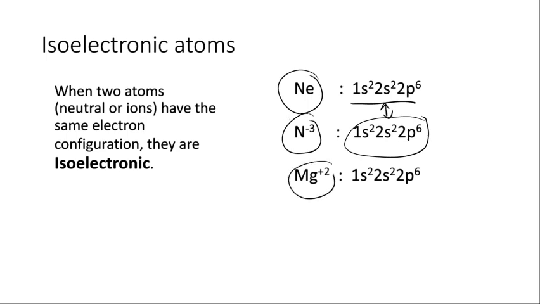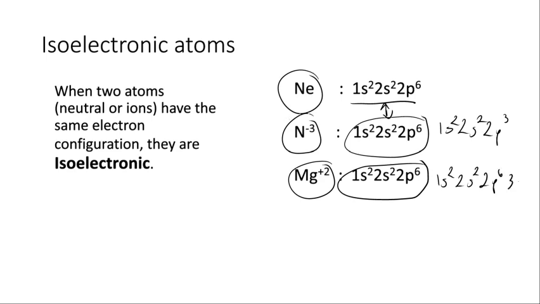Turns out that when you have a magnesium ion, taking 2 electrons away from magnesium, again, you end up with the same electron configuration, right? Because the neutral configuration here was this, and the neutral configuration here was like this. But because we added 3 electrons here, that's what happens when you make a negative ion.